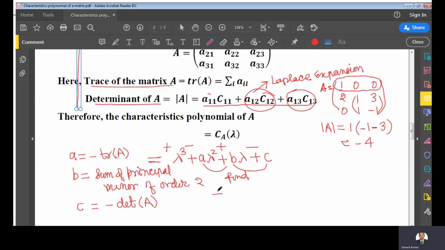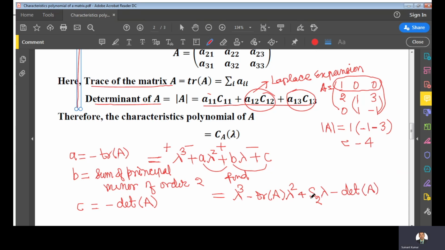So now this characteristic polynomial will take this shape: lambda raised to the power 3 minus trace of the matrix A times lambda raised to power 2, plus, suppose this b I am writing as S2, that is the sum of the principal minors having order 2, times lambda, minus determinant of A, correct?